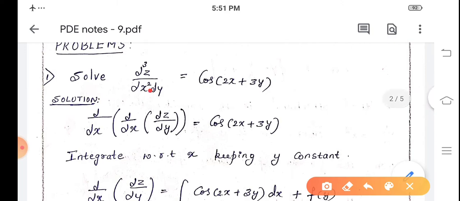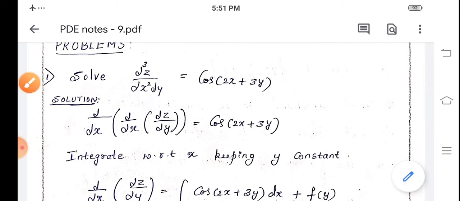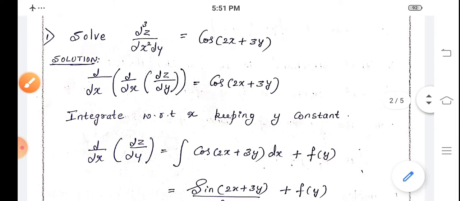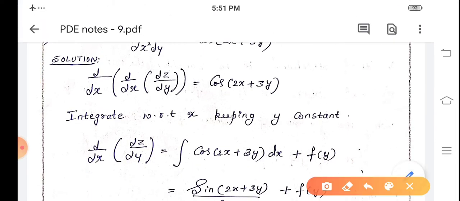So this is equal to cos of 2x plus 3y. Now in the first step we integrate with respect to variable x. When we integrate with respect to x, we obtain dou by dou x of dou z by dou y.